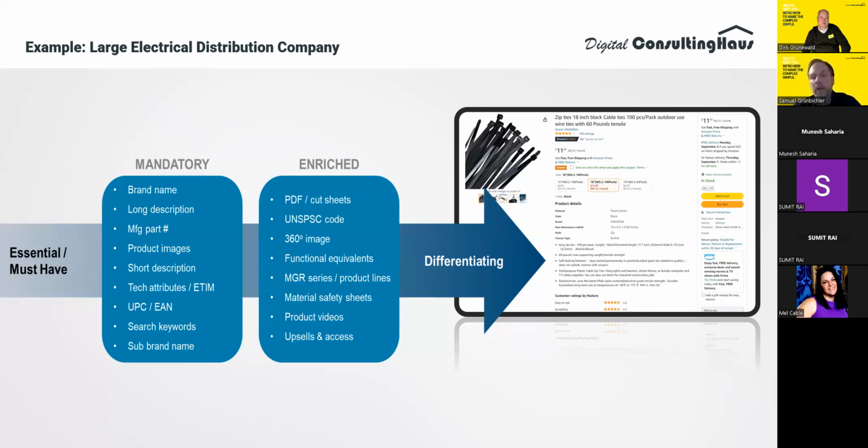For instance, having 360 images, or having PDFs of the cut sheets, and all kinds of other material that is relevant for the buyer to make a profound decision, and to transport the feeling that he's in good hands buying things off of you, because you provide the information he needs to know and that is relevant for him. And this can make the difference between you and your competitors for your revenue.